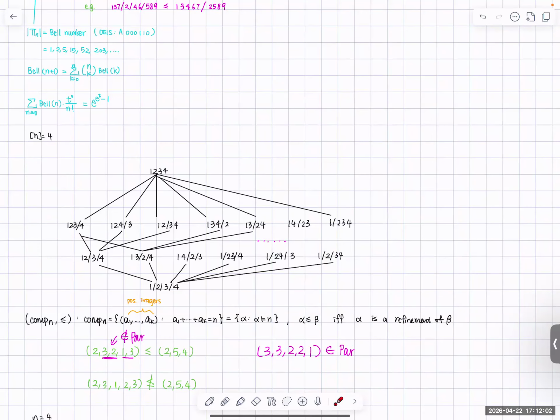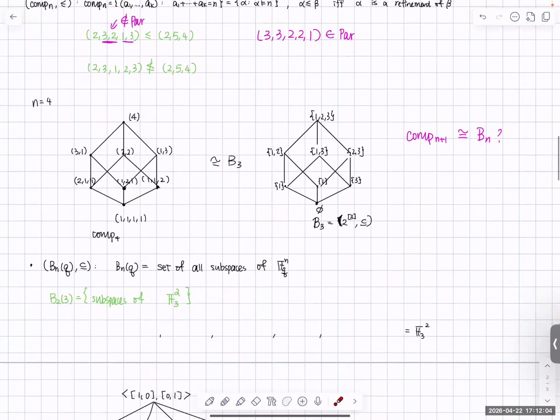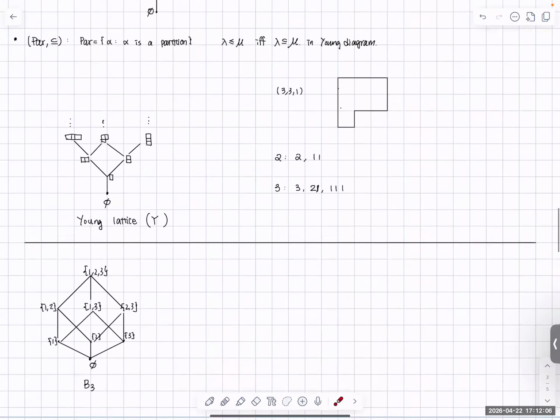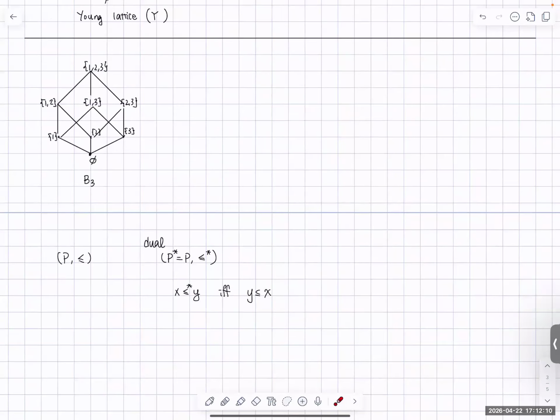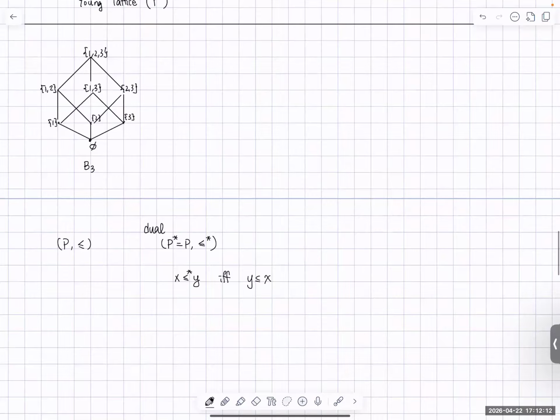I don't know, it's just not easy to see. So how am I going to know when you flip, you always get the same thing? First of all, it's not always true. When you flip your Hasse diagram, it may not give you the same thing, and we are going to look at more examples. But if you flip your Hasse diagram and you get back the same thing, it's called self-dual.